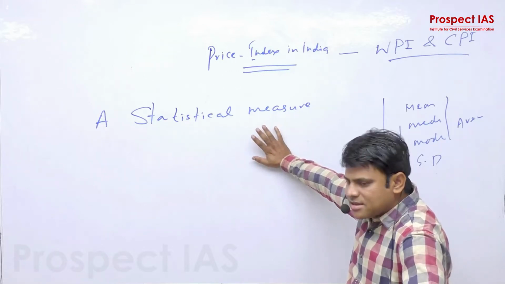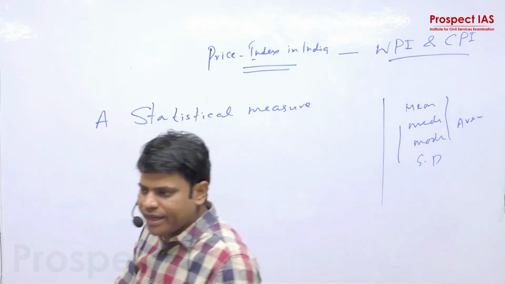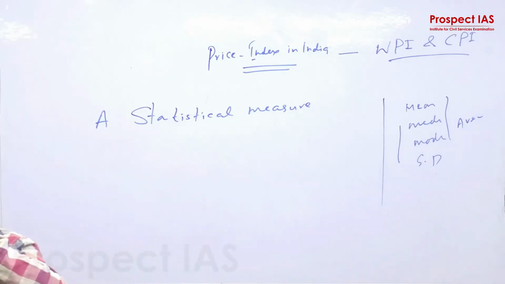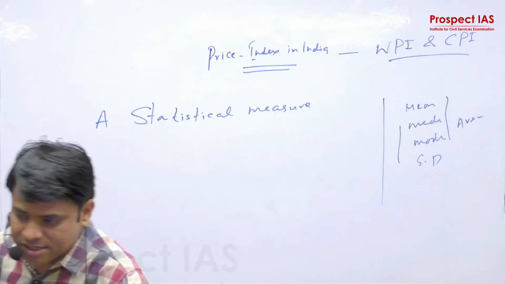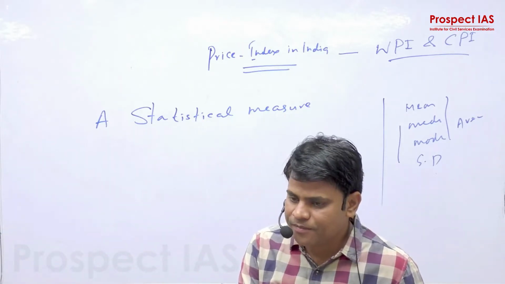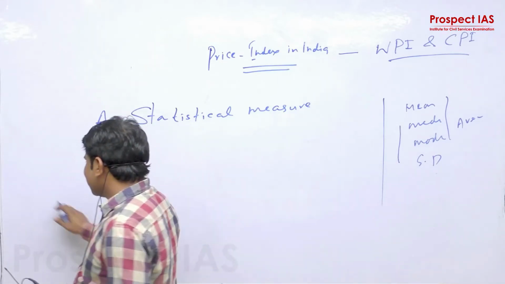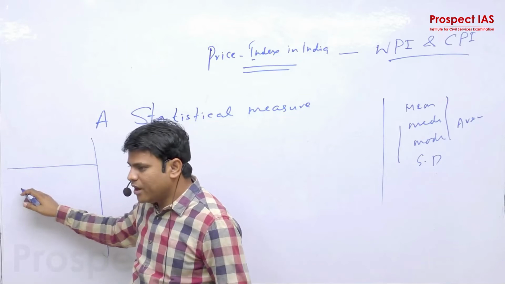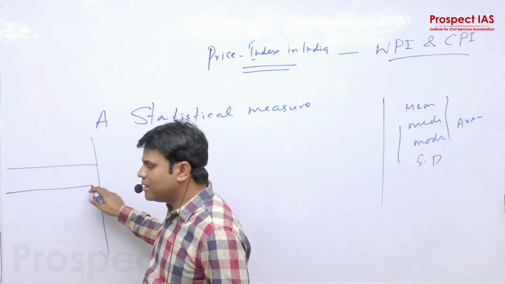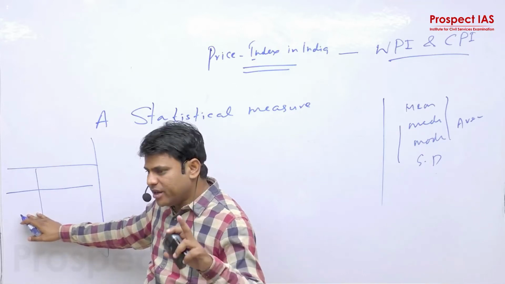And how is this constructed? When we construct a price index, we take into consideration the prices of various goods and services and we start recording them. Let's suppose we are constructing a price index. So in this price index, we record the prices of various goods and services from a particular point of time.